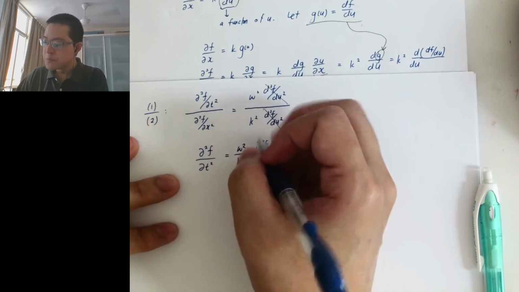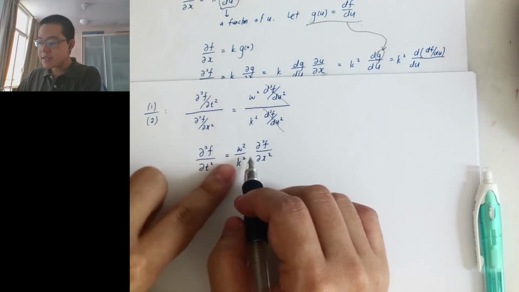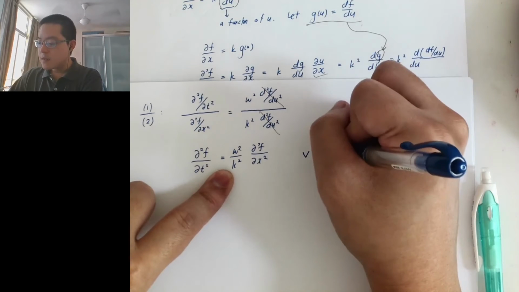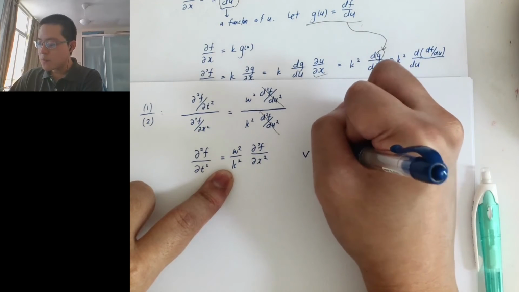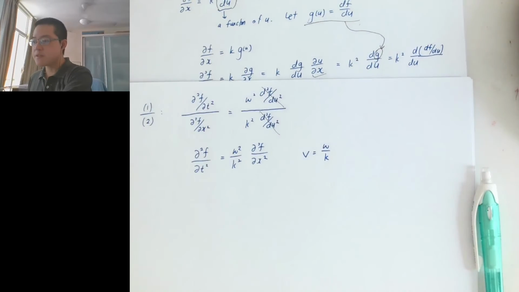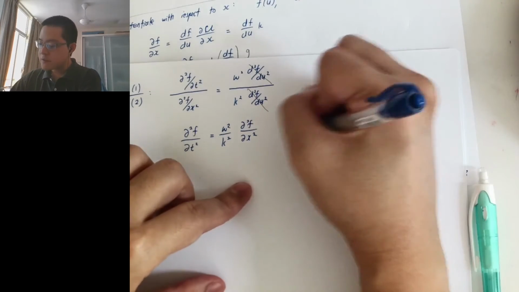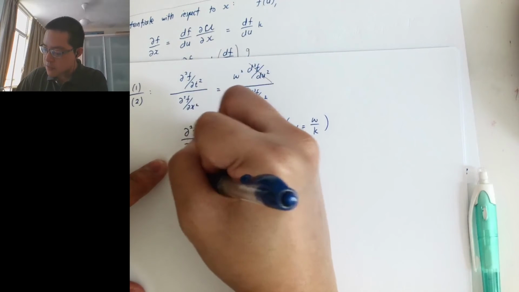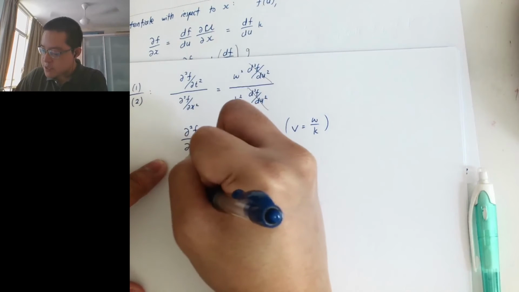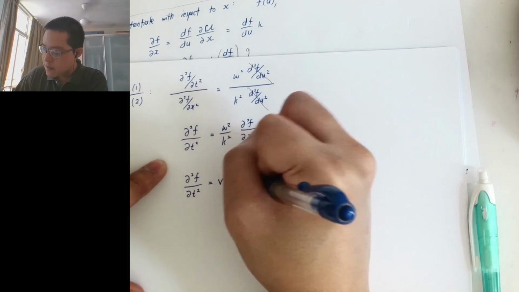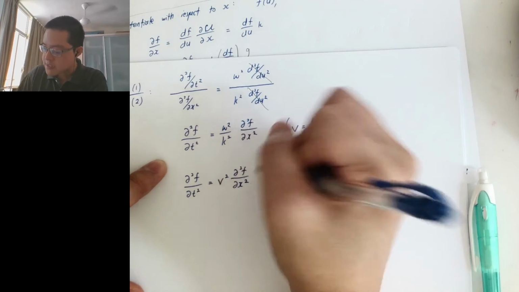This is what I want to show you. As you recall, v equals omega over k is the speed of the wave, as I've shown you just now. So if you remember this, then I get the differential equation satisfying partial squared f partial t squared is equal to v squared partial squared f partial x squared.